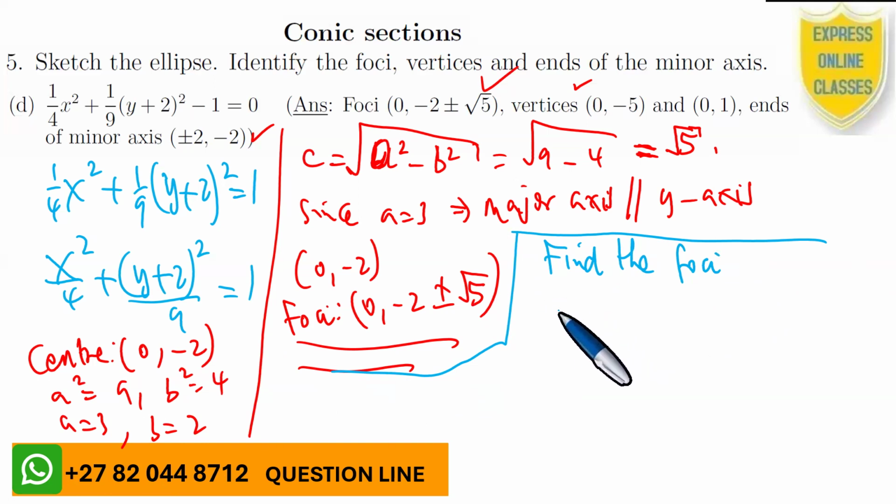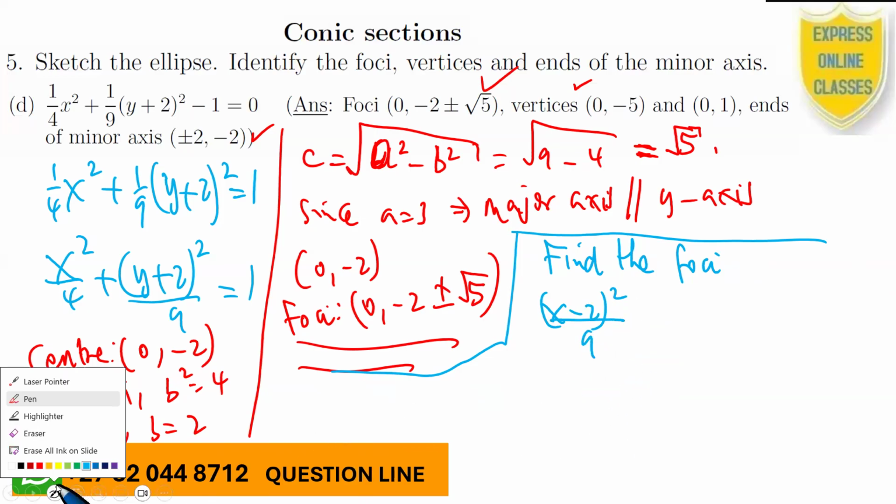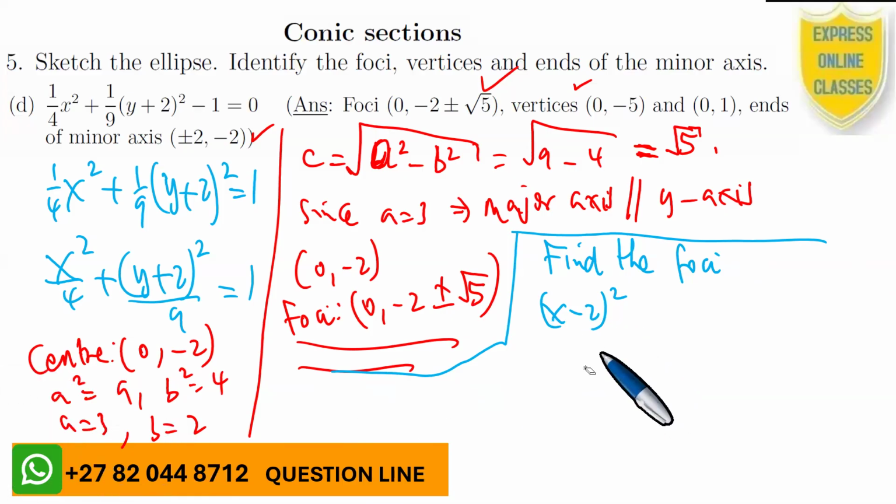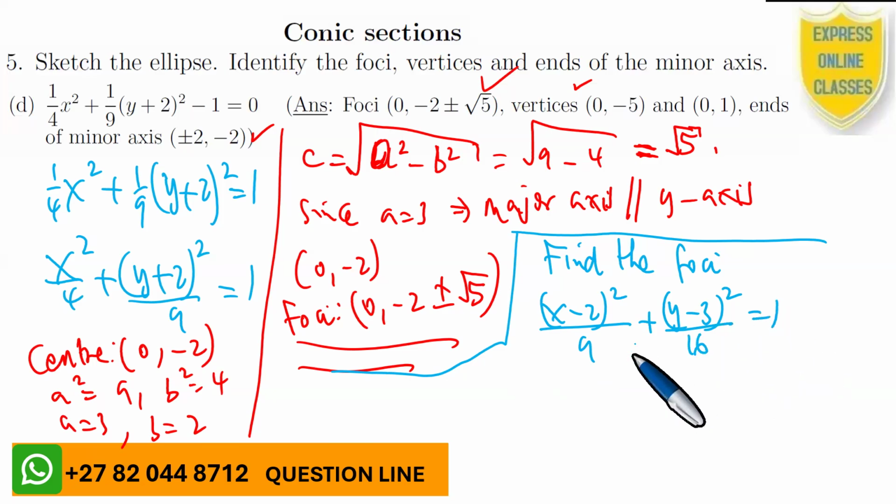If we give you (x minus 2) squared divided by 9, and then (y minus 3) squared divided by 16, find the foci of this one. So try that one.